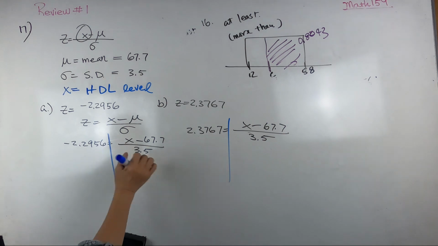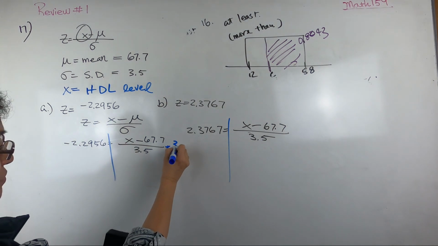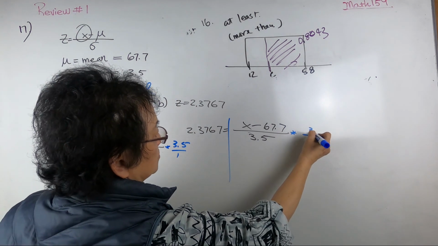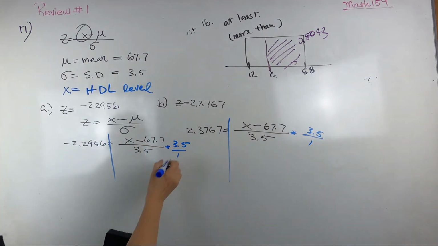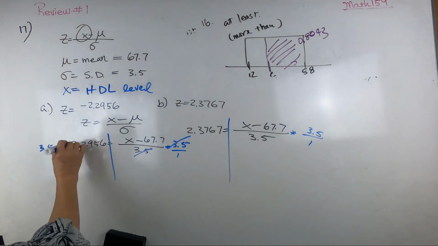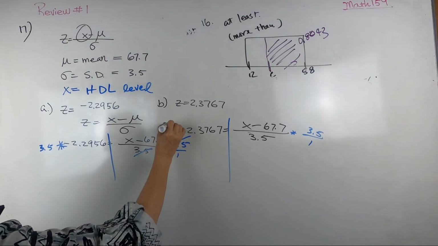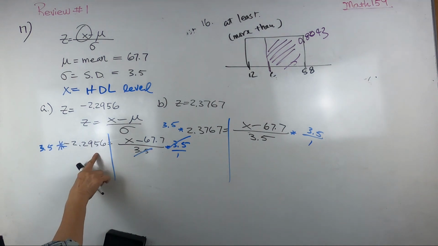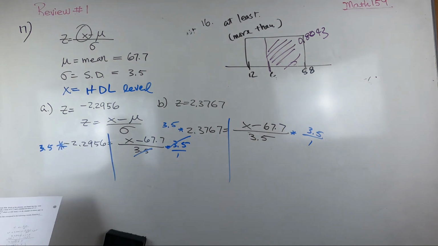To get X by itself, you have to times 3.5, right? This one times 3.5 this way. So this cancels out. Oops, I need to multiply this side. You do one side, you need to do the other side, right? So this one, what do we have? 3.5 times negative should be negative.